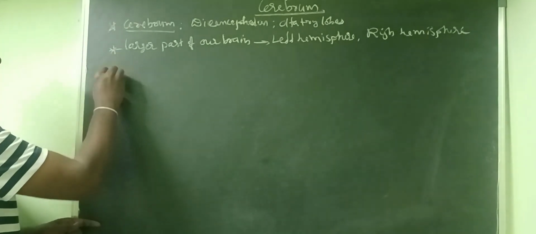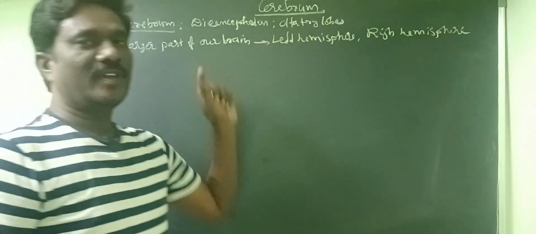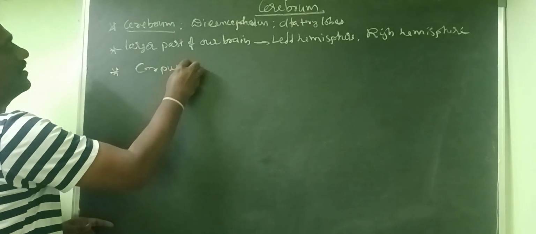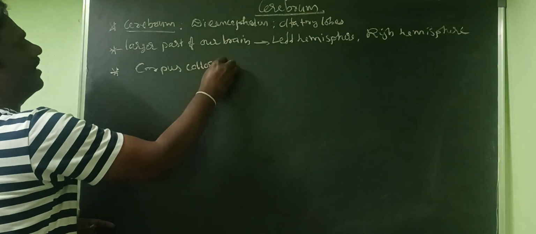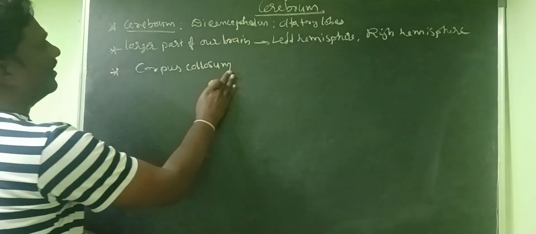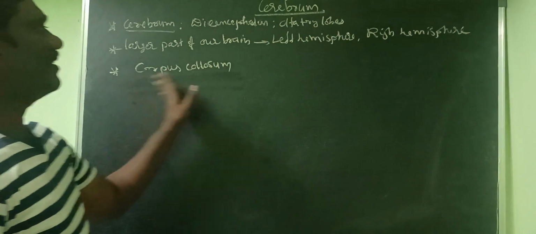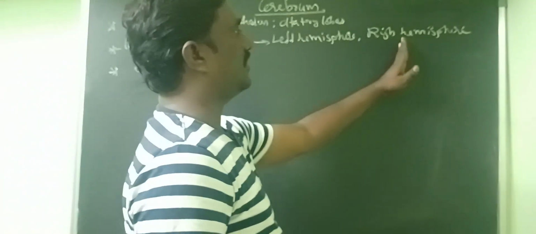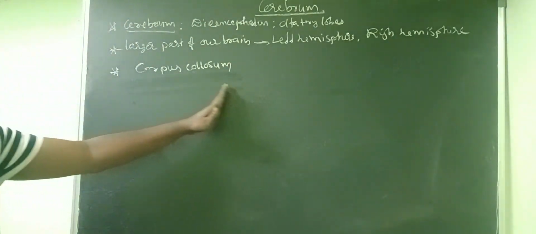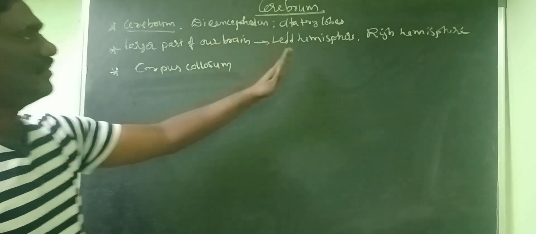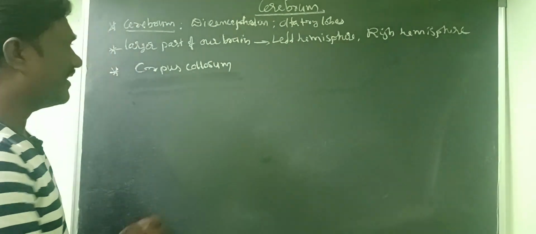These two hemispheres, two lobes, are connected by a bundle of nerve fibers called the corpus callosum. The left and right hemispheres communicate through the corpus callosum by a transverse groove.